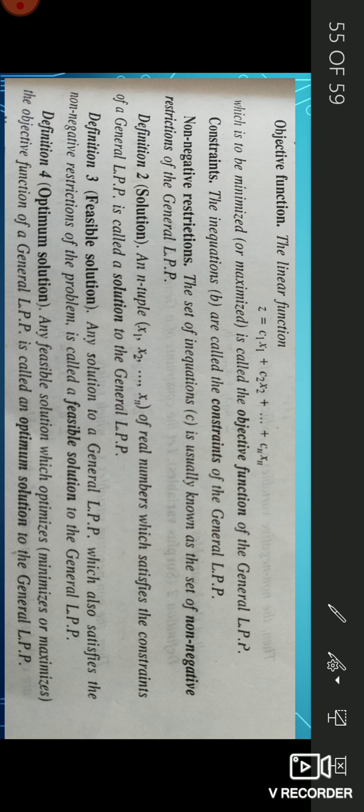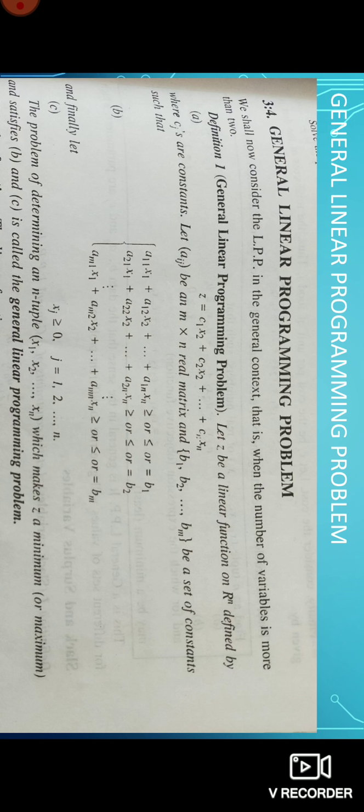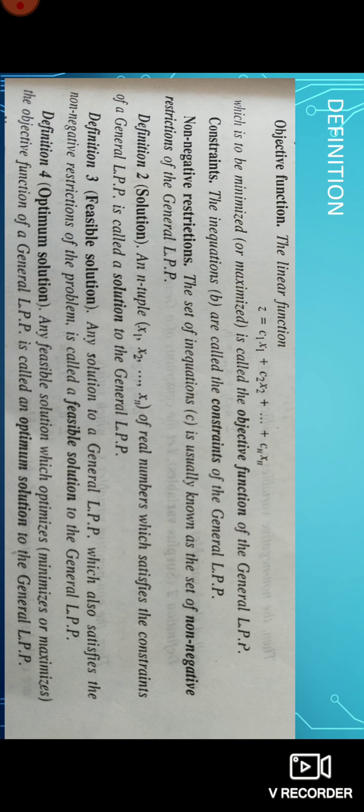The definition of constraints: equation B means your constraints, and all of them are called the constraints of the general linear programming problem. A non-negative restriction, as I have already explained, is always of the form greater than or equal to 0.